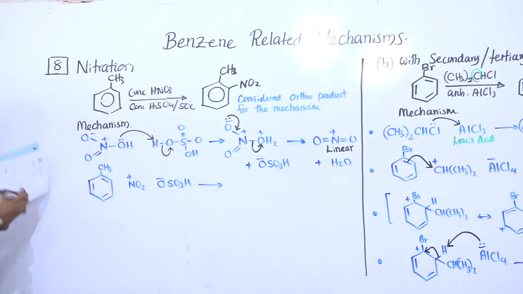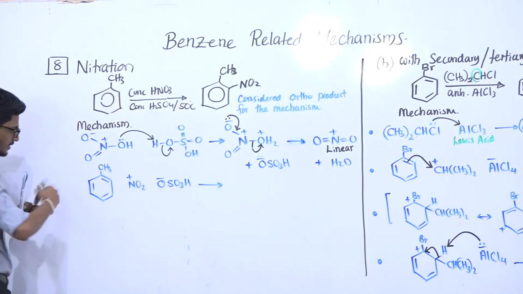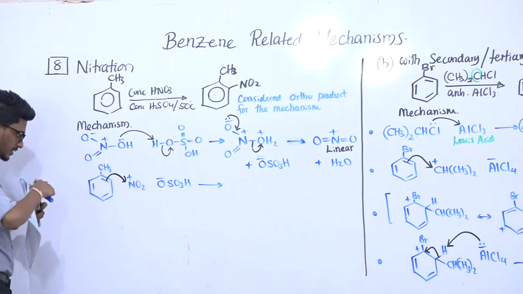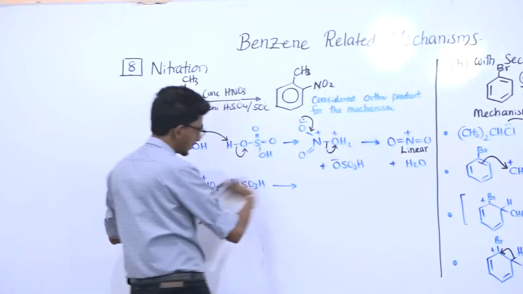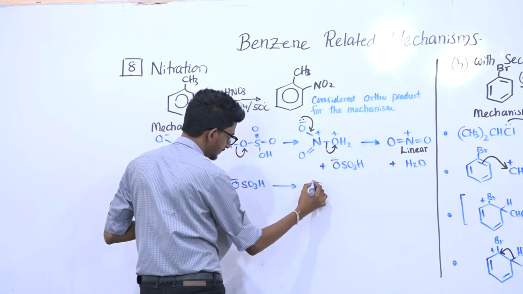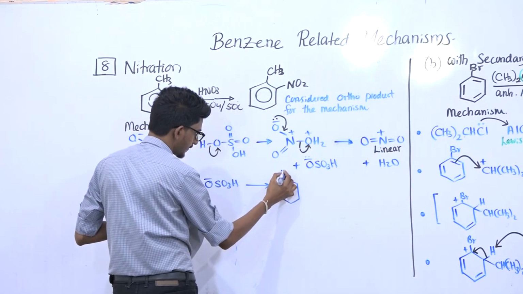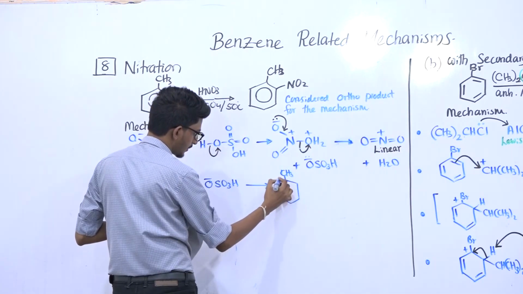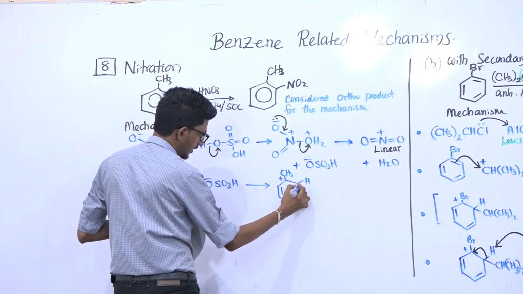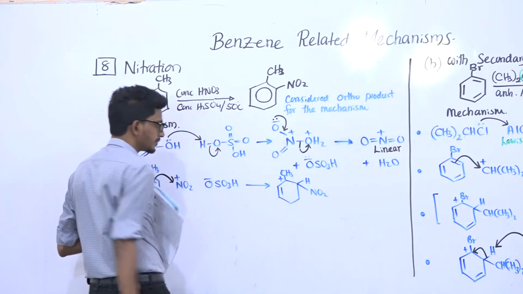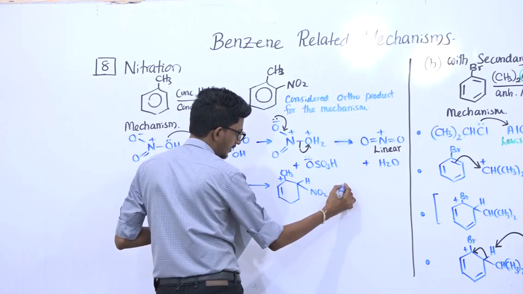So what will happen? This electron transfer produces the ortho product that you are coming up with. Some positive ion here, hydrogen NO2, and O minus SO3H is there.